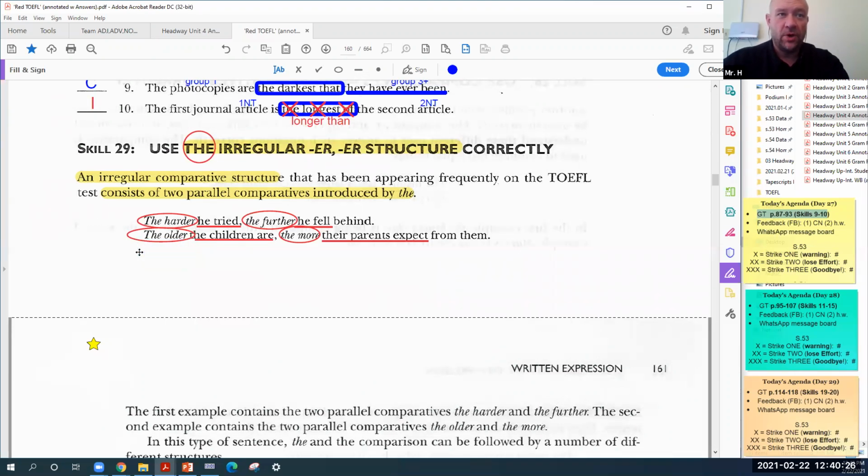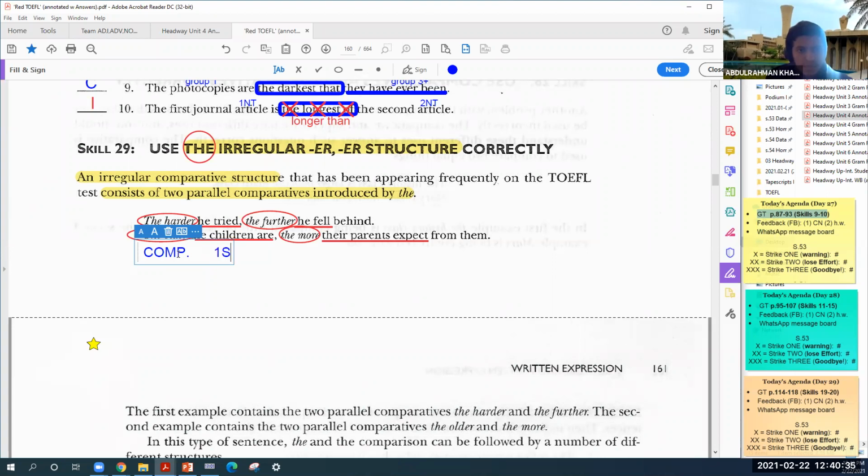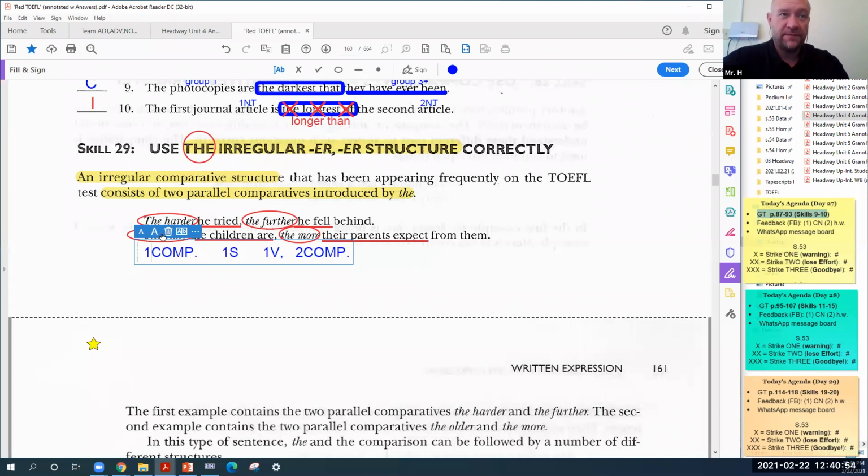At the beginning, the older. Then what comes next? Subject and verb. We have the first subject, the first verb. Then we have a comma. Then what? Another comparative. So this is the second comparative, and up here, the first comparative.